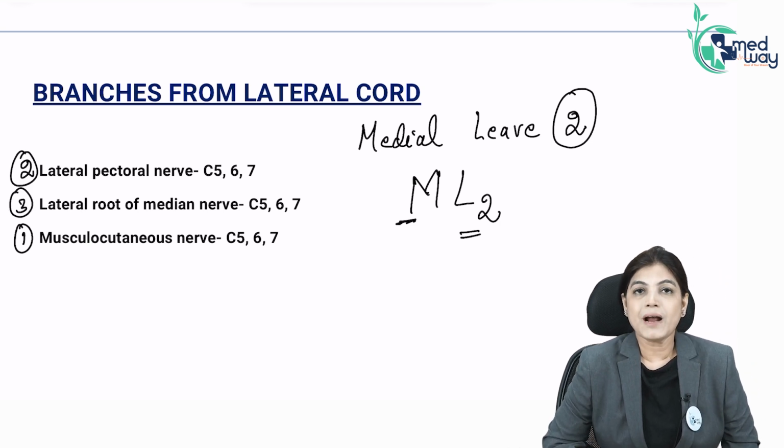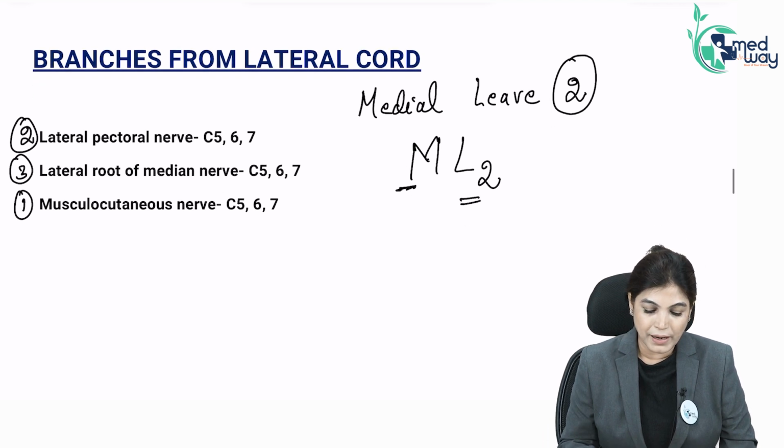So the 3 branches given from the lateral cord of the brachial plexus can be memorized by the mnemonic ML2. Here M stands for musculocutaneous nerve, L stands for lateral pectoral nerve and another L stands for the lateral root of median nerve.